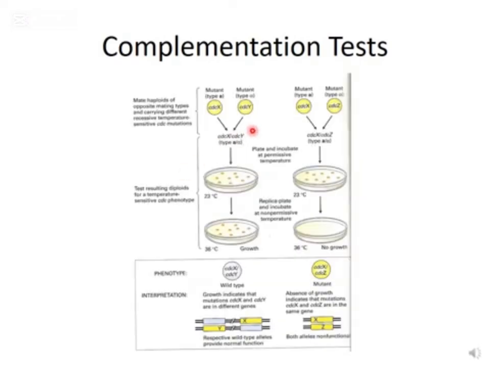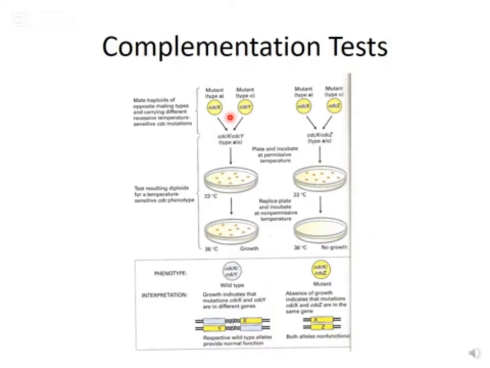So here we have a type A mutant and a type alpha mutant in two different plates. You mate the haploids of the opposite mating types. These carry different recessive temperature sensitive CDC mutations.